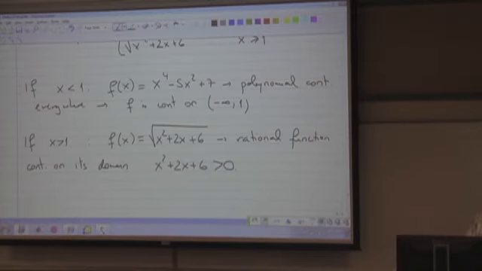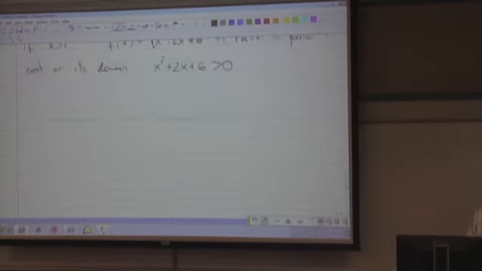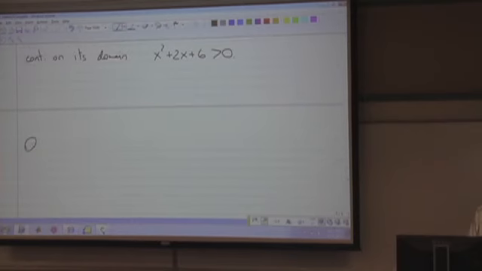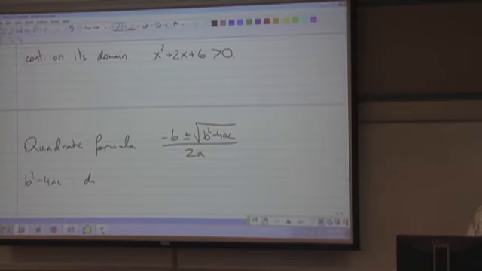Do you remember what the discriminant is? The quadratic formula, what does that say? Minus b plus or minus the square root of b squared minus 4ac, divided by 2a. b squared minus 4ac is called the discriminant.